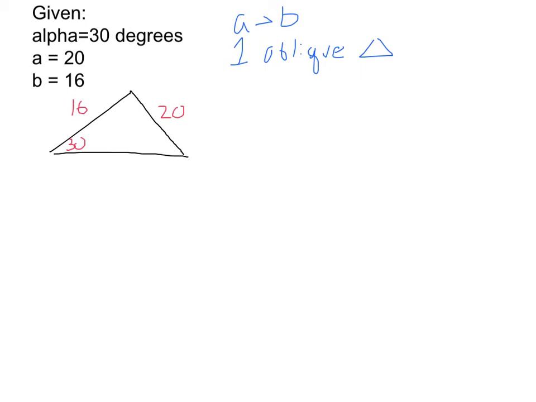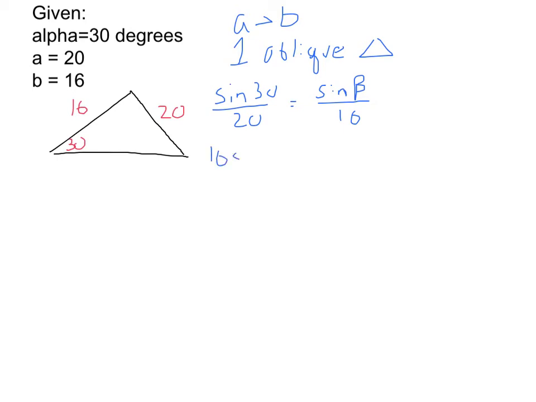And so law of sines tells me I'll have sine of 30 over 20 is equal to sine of beta, because beta would be across from B, over 16. And to get the degree measure for beta, the first thing I'll need to do is just multiply this 16 to the other side.